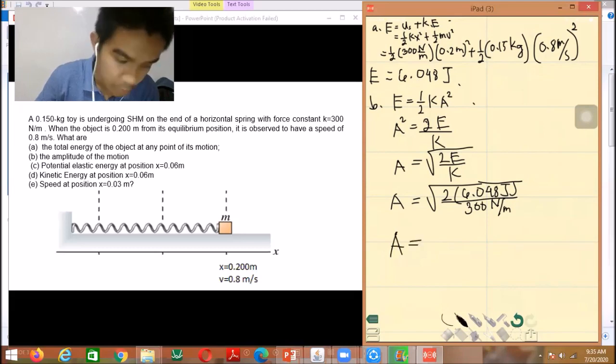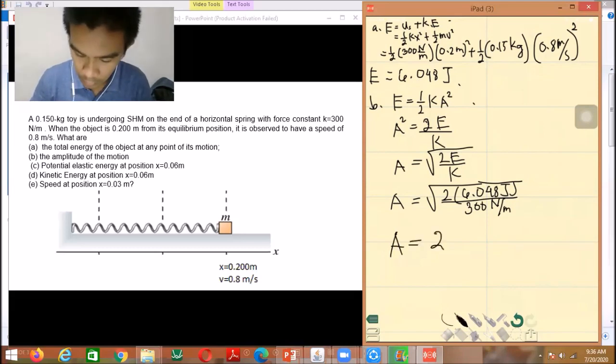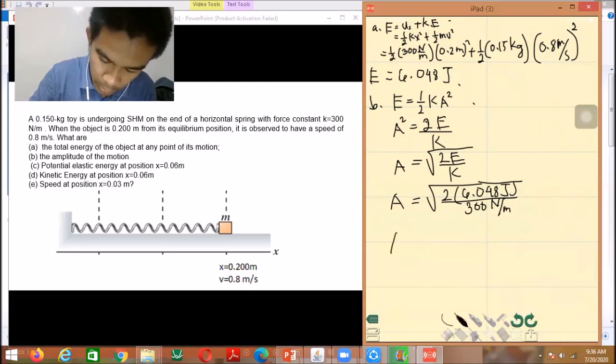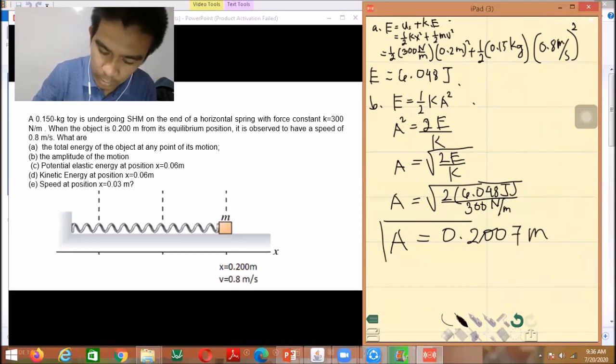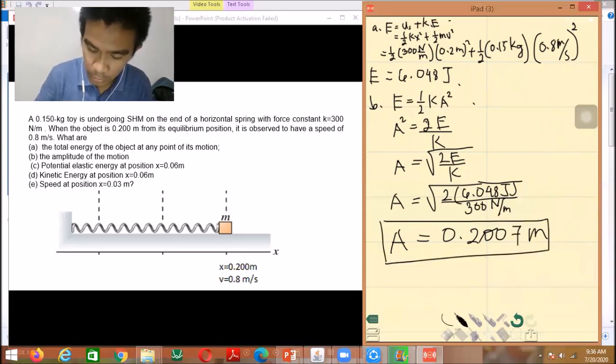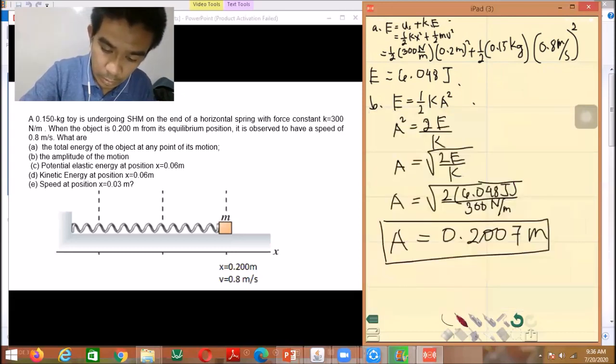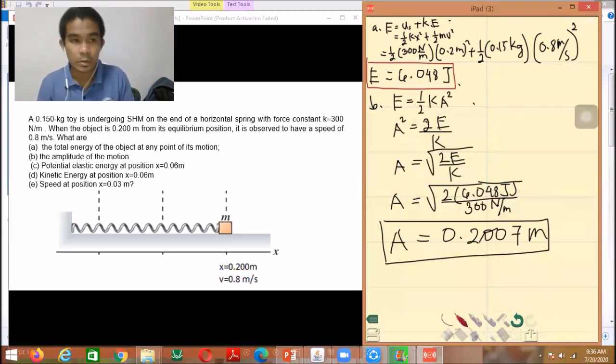The amplitude A equals 0.2007 meters. Right, so we have the amplitude, and we also have the total mechanical energy.